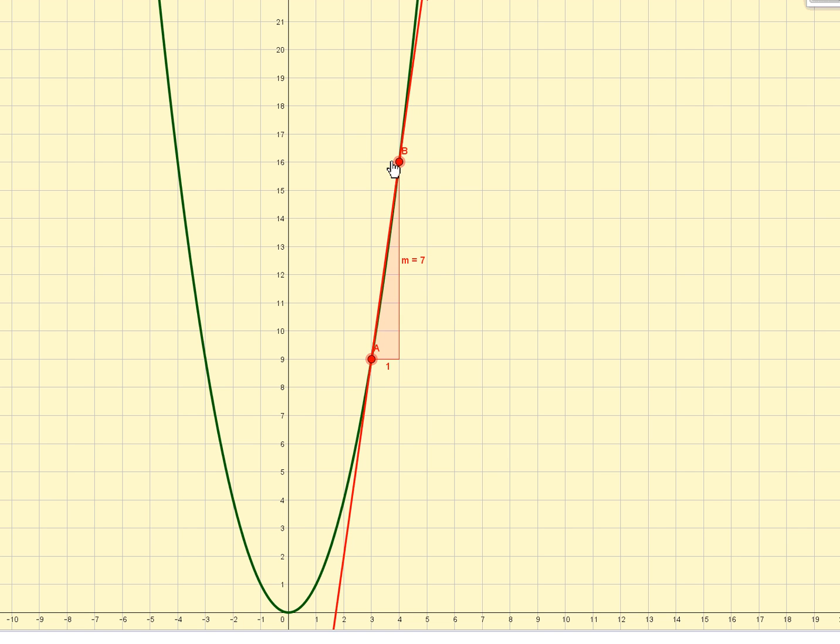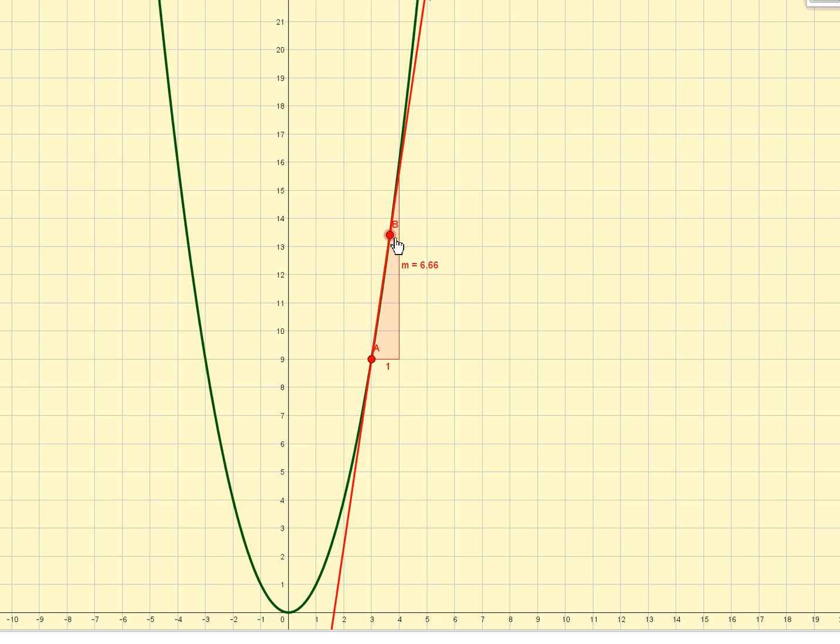So let's put the gradient on here, shall we? And let's go back to here. We started with these 2 points. So when B is at the point 4, 16, the gradient is going to be 7, isn't it? Because we come across 1 in the x direction and we go up 7 in the y direction. So we can see that the gradient of the line between these 2 points is 7.